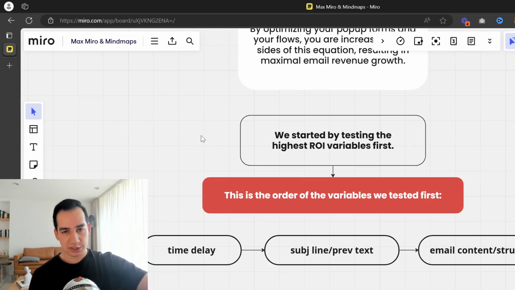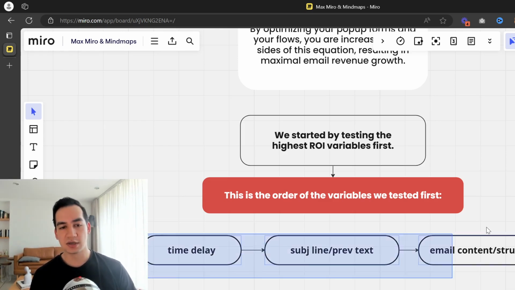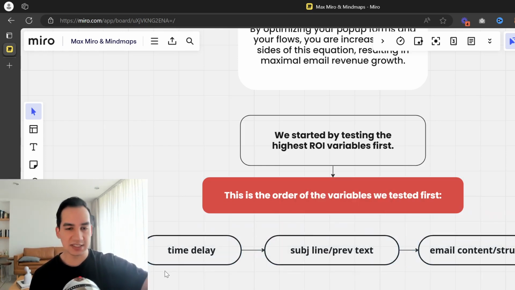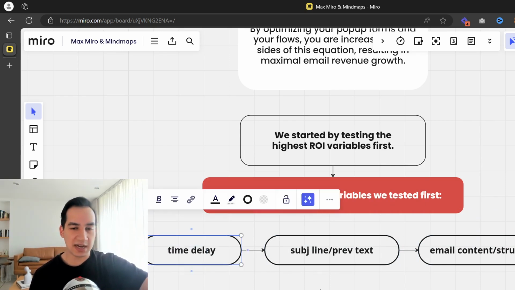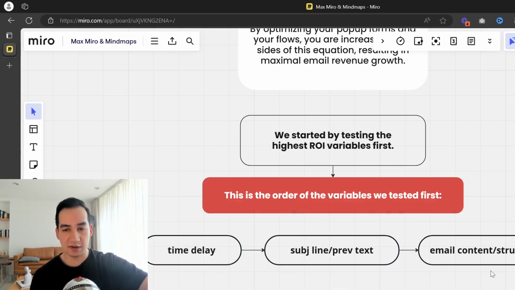So we started by testing the highest ROI variables first. This is the order of the variables that we tested first: time delay, followed by subject line slash preview text, followed by the email content slash structure. This is the order we tested in because these tests are super easy to set up and have a pretty high ROI once you find the winning variation.